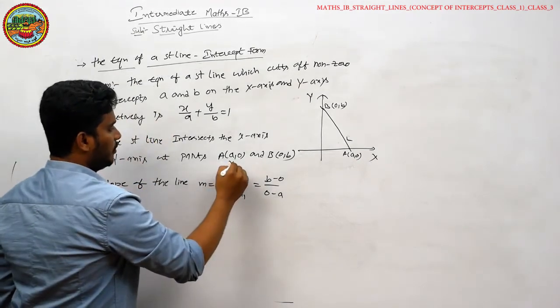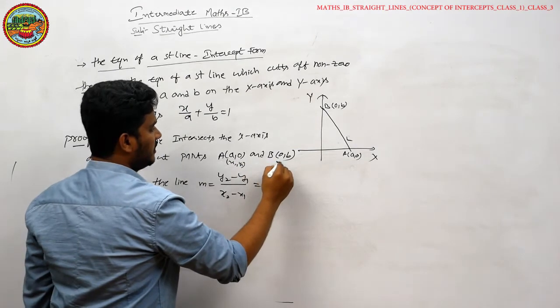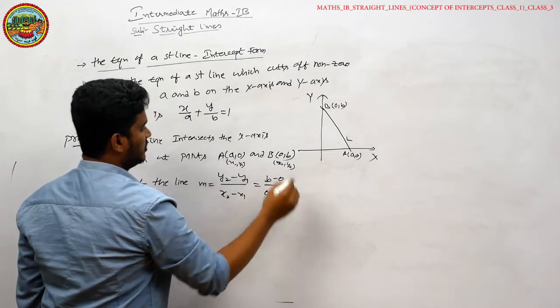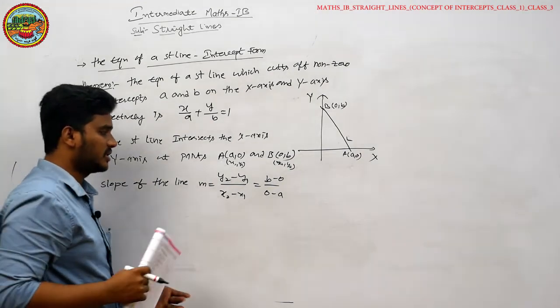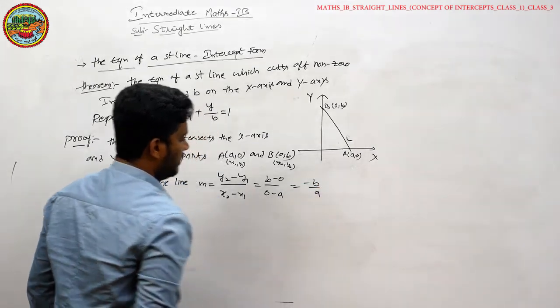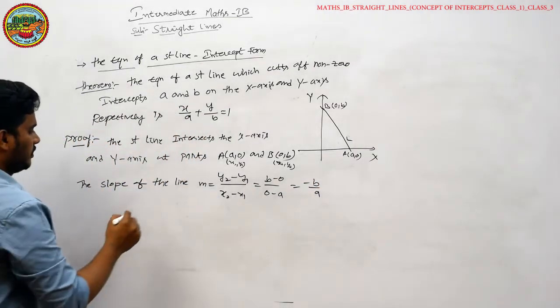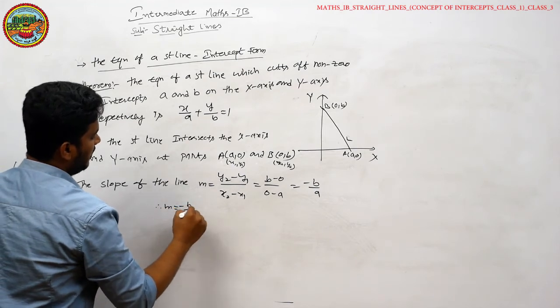Here point A is taken as x1, y1 and point B is taken as x2, y2. So substituting these values, we get minus b by a. Therefore m is equal to minus b by a.